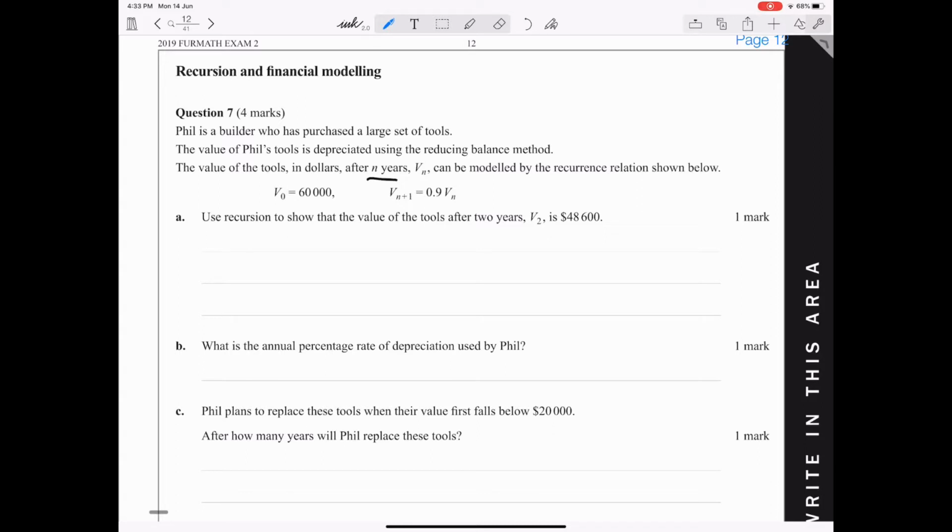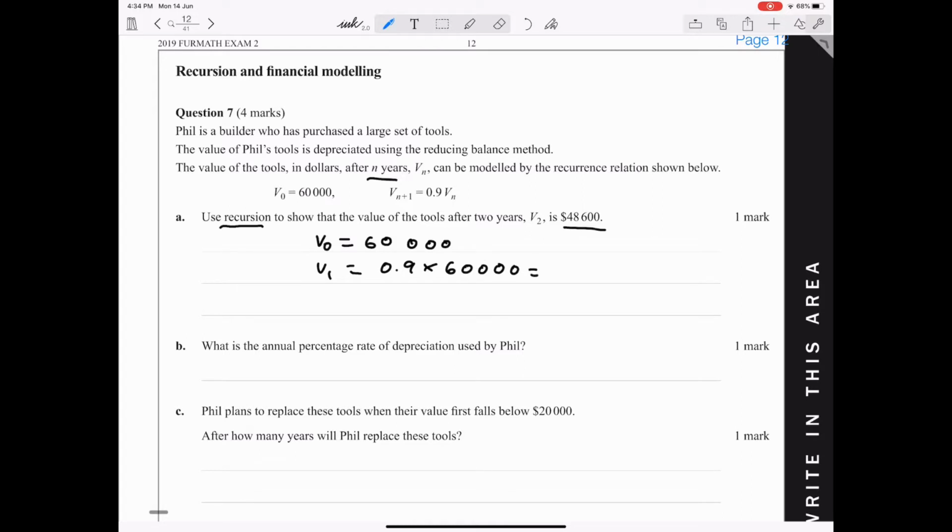So to do this question, basically we have to show how to get to the $48,600 after 2 years. So to do this, we've got to use recursion as the question tells us. So we know V0, the initial value of his tools, is $60,000. So therefore V1, according to the rule, would be 0.9 times 60,000.